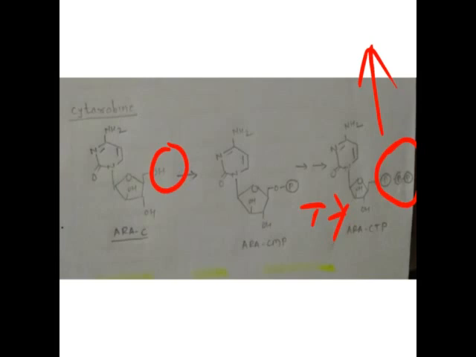When it enters into the DNA or RNA synthesis, it forms a false DNA or false RNA, because where cytosine triphosphate is present, at that position instead of cytosine triphosphate you are getting arabinose cytosine triphosphate, that is Ara-CTP, the modified form of cytosine triphosphate. So it will not form a proper DNA or proper RNA. Due to the faulty DNA or faulty RNA, the protein biosynthesis is inhibited.